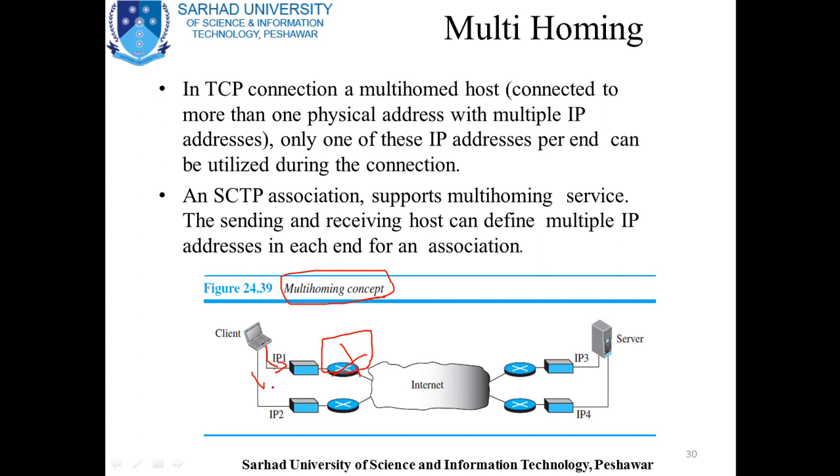So it might be possible that your packet is received by the server using another path. If you are using only one path, it is most probable that you face a delay or a loss of packet. If you are using multiple paths, that is multi-homing, it is possible that you receive the data from this side, maybe in the reverse path. Let's say in the reverse path this router has gone down due to some power failure, so you will be receiving data from this path. So there are multiple options in the multi-homing concept.